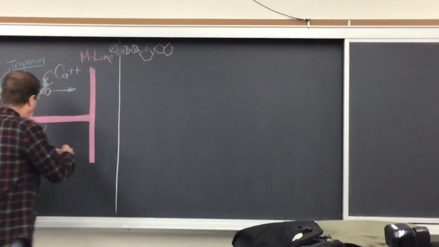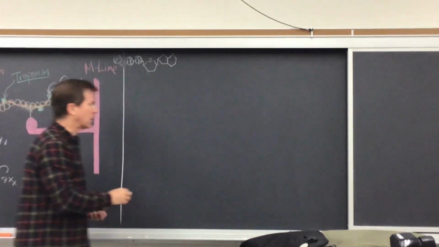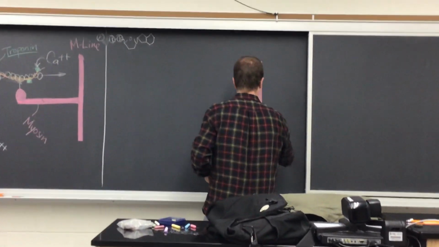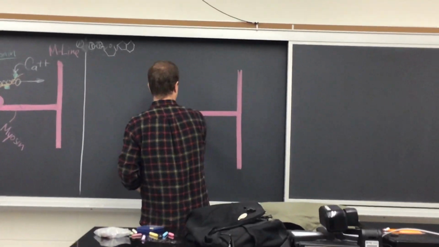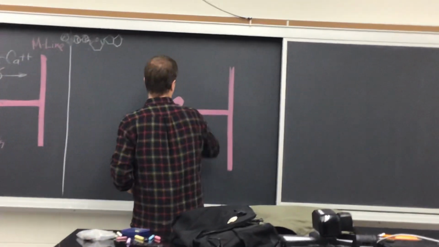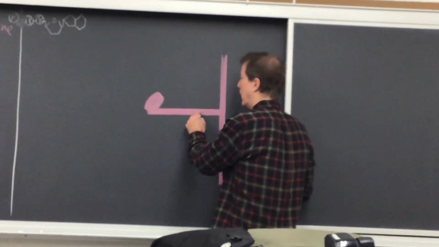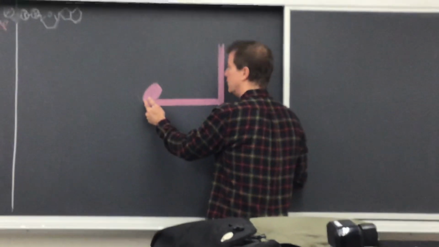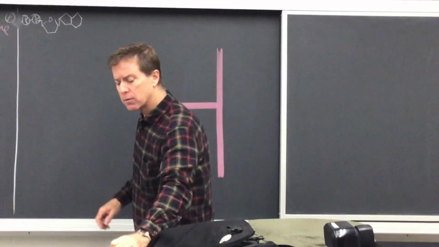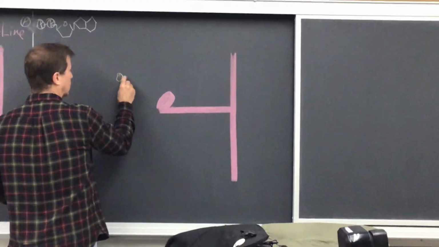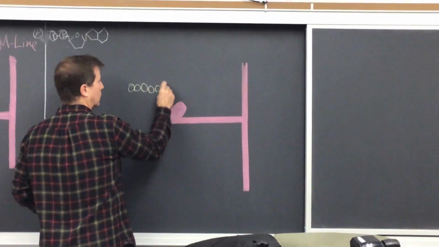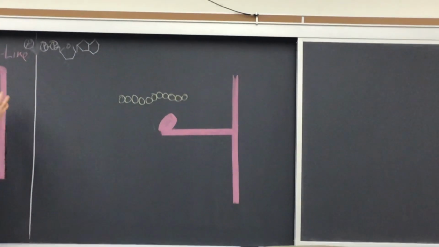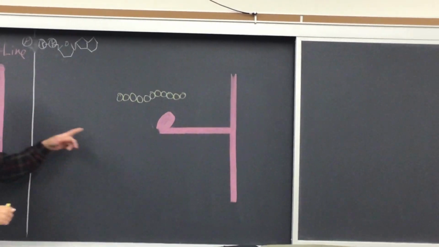So we're going to draw another myosin molecule. There it is. This is the myosin. Here's the globular head of the myosin molecule. Now I'm going to quickly draw actin. I'm going to leave all the tropomyosin and troponin stuff off of it right now.